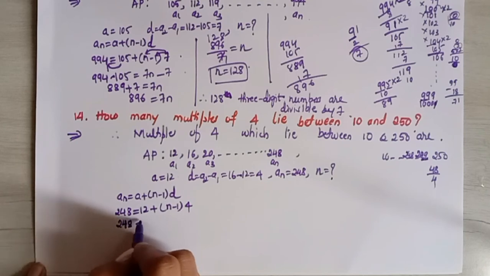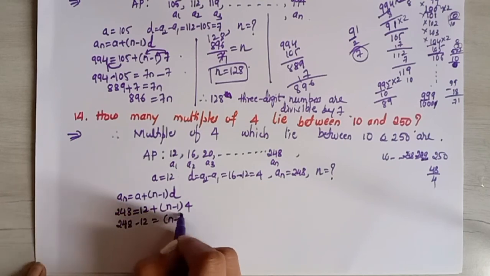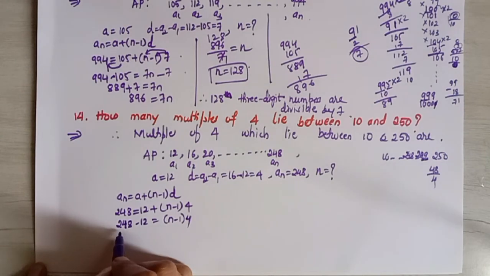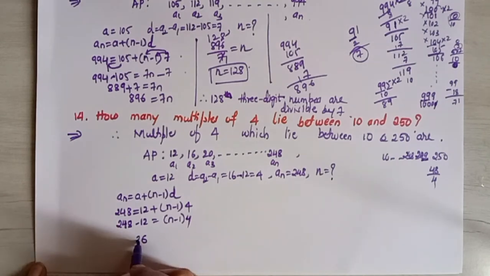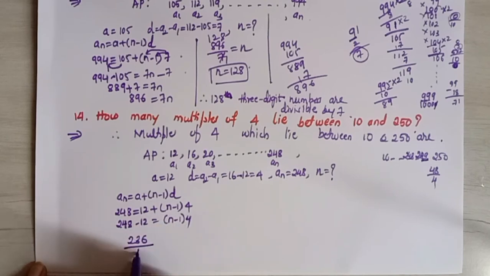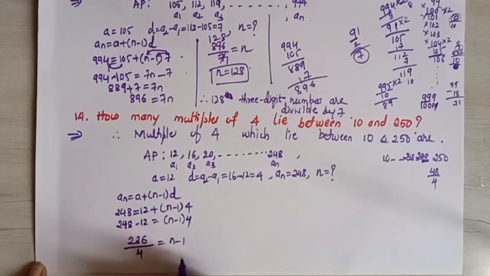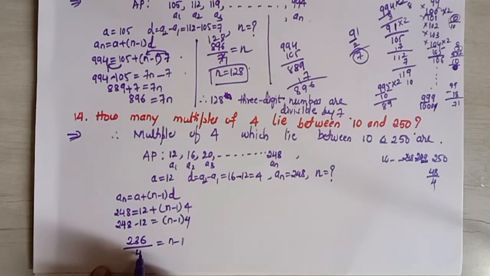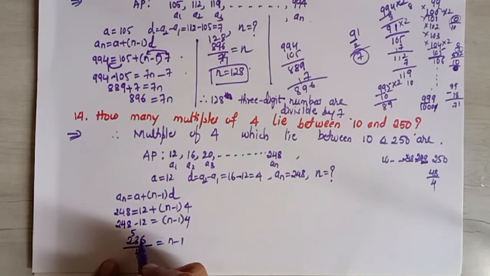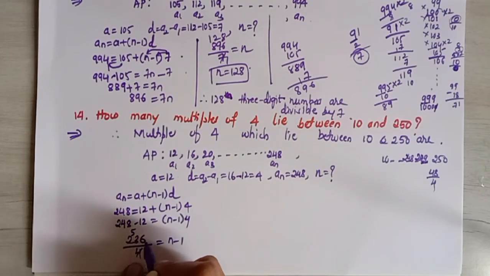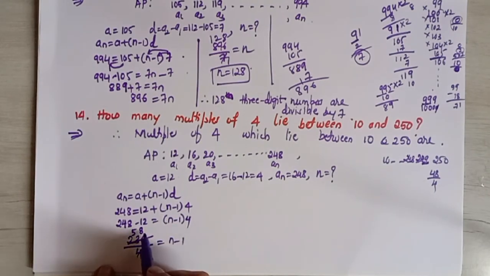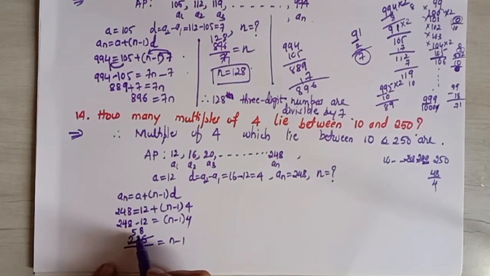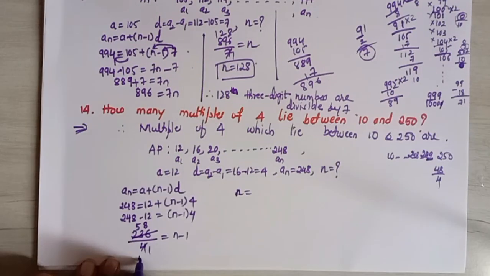So 248 minus 12 equal to n minus 1 into 4. What is 248 minus 12? 8 minus 2 is 6, 4 minus 1 is 3, so we are left with 2, that is 236. Let us take this 4 to the left hand side. After shifting to the left hand side, this will be division. So we are left with n minus 1. So 4 5s are 20, carry is 3, 4 8s are 32 plus 3 is 35, so 4 5s are 20, so 4 58s are 232. So we are left with 58.